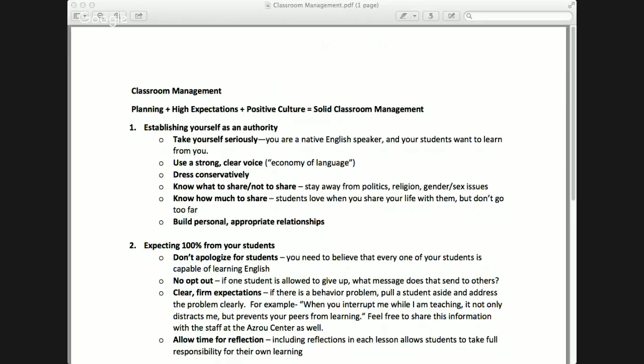Dress conservatively. So we've spoken about this before. You're going to want to dress in a way that you would for an internship here in DC or in New York or wherever. So I would definitely dress business casual while you're teaching.